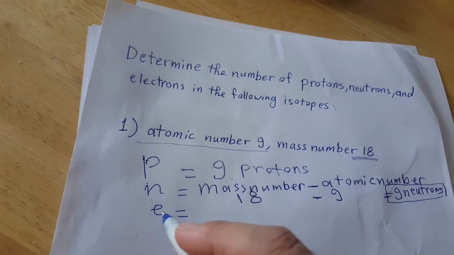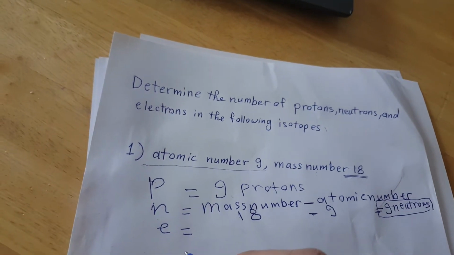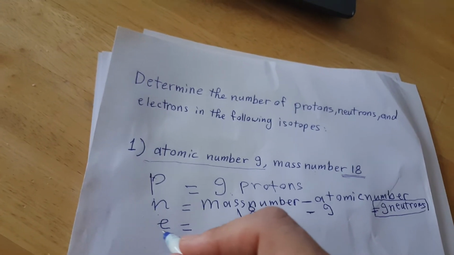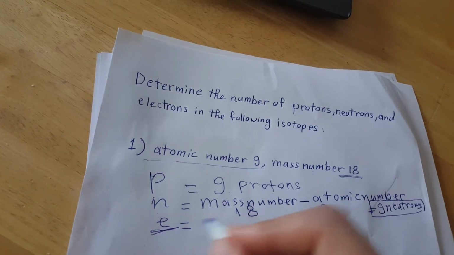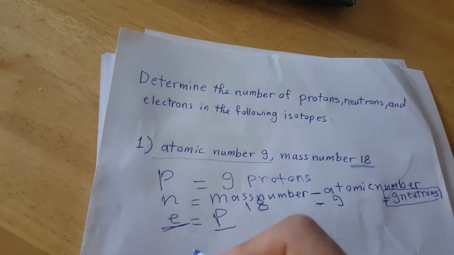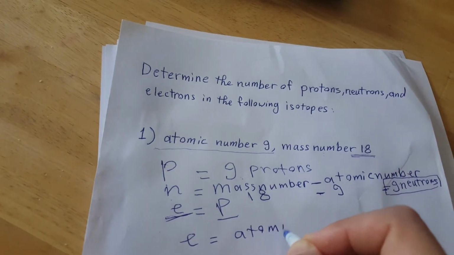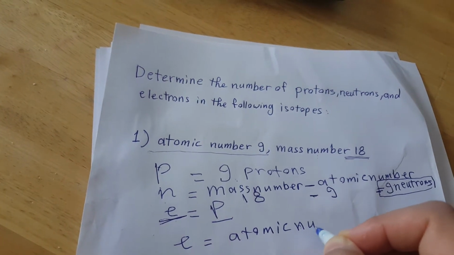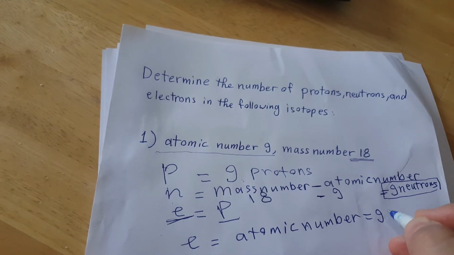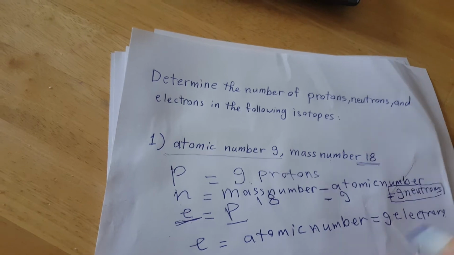Now the electrons. In the neutral atom, remember with me girls, we said always in the neutral atom, the number of electrons is equal to the number of protons. Meaning number of electrons is equal to atomic number, which is 9 electrons.